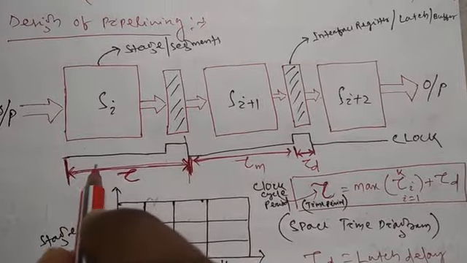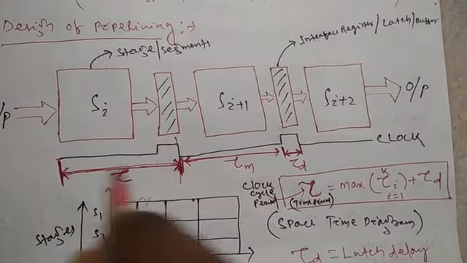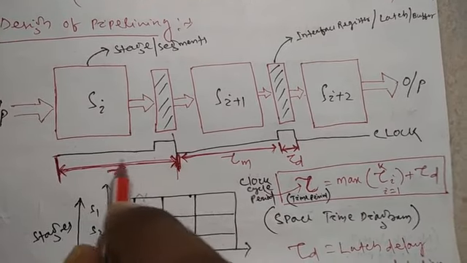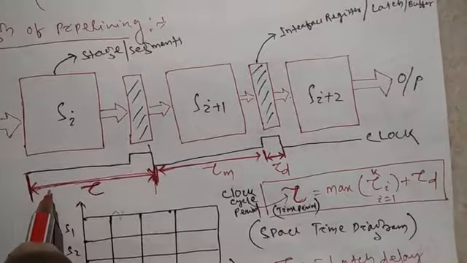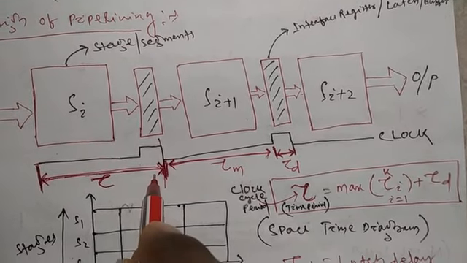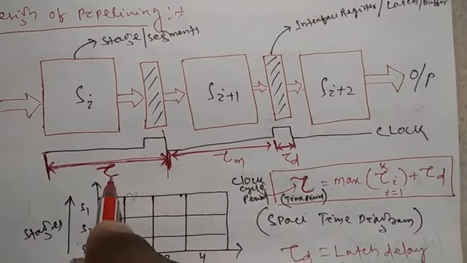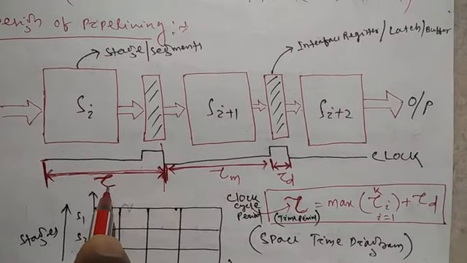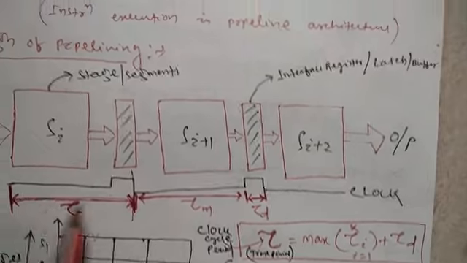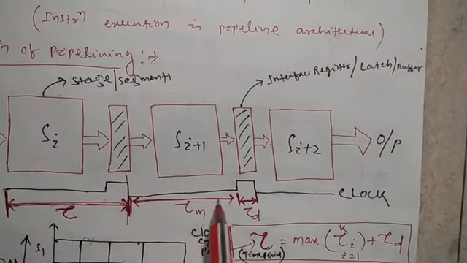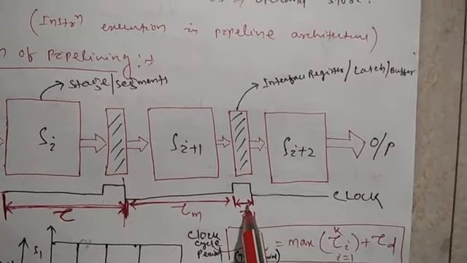So this is called one cycle period, or one clock cycle period, denoted as tau, or we can say TP also. So what do you mean by tau? One phase duration plus one latch delay.